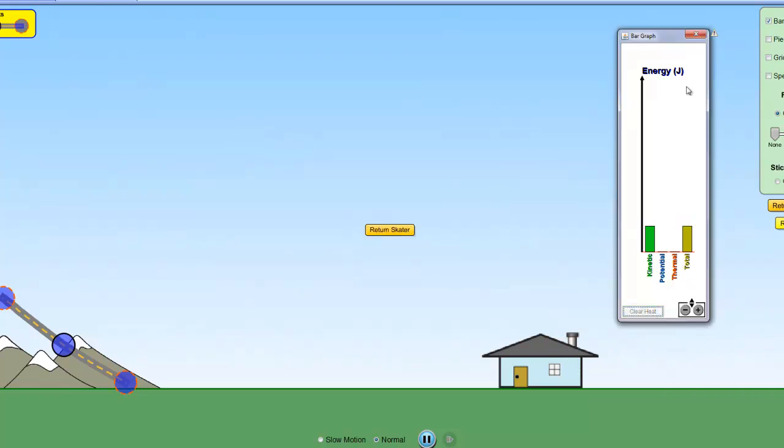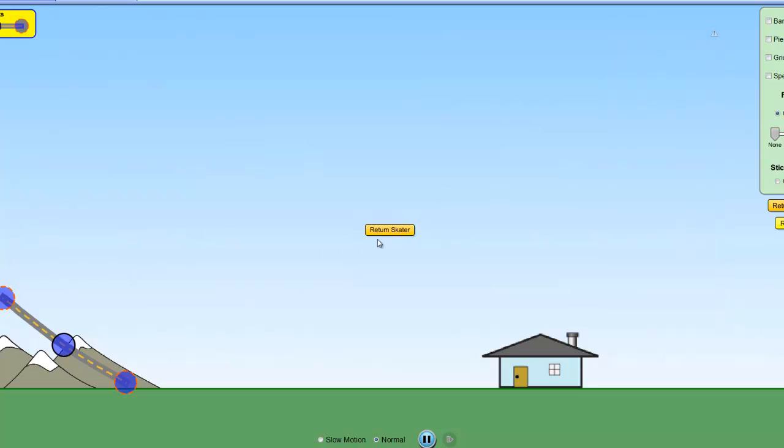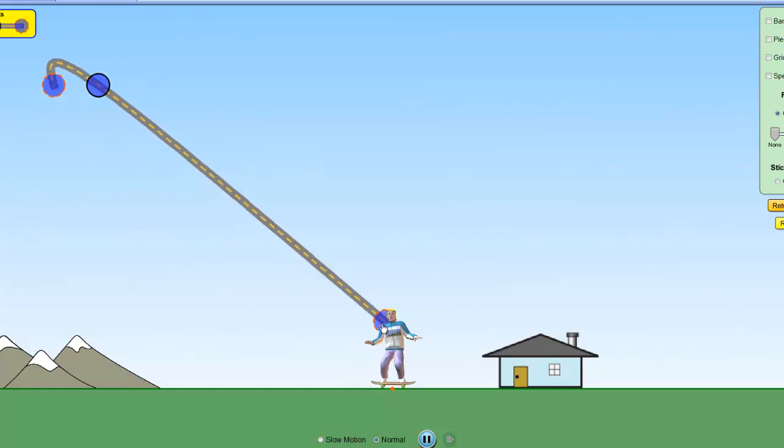Okay. Now what's really interesting about this stuff is that we can get the conservation of energy, right? So that we know that energy can't be created or destroyed, so it has to just change forms. And so what we can do is relate this kinetic energy to potential energy. So let's just say I make a big track here and send this guy out shooting down the track.